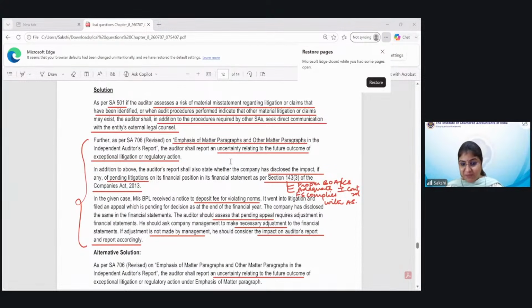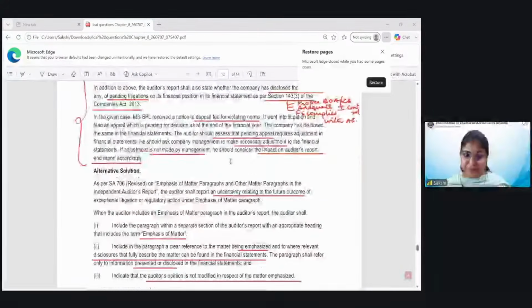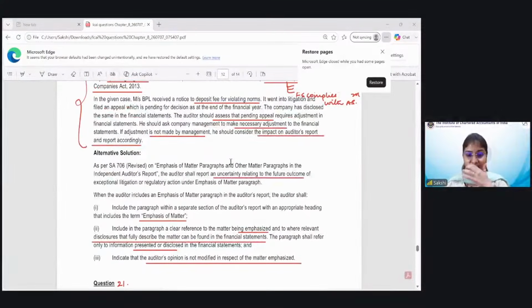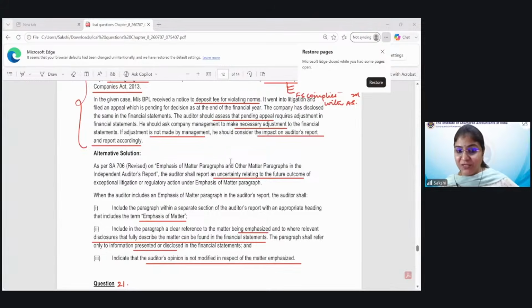If the adjustment is not made by the management, he should consider the impact on the auditor's report and report accordingly, whether the adjustment is made or not, and if not made, whether he should proceed with SA 705 or not. There could be an alternative solution to it. They have also given an alternative solution that you mention SA 706, that is, emphasis of matter paragraph and other matter paragraph in the independent auditor's report.